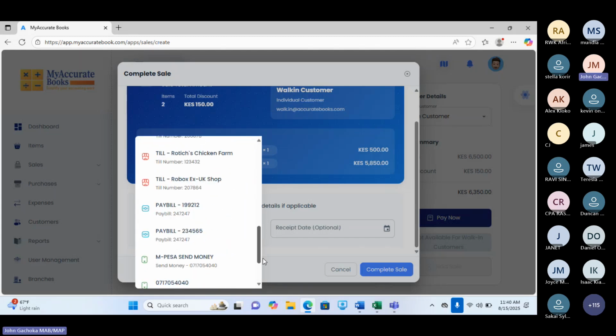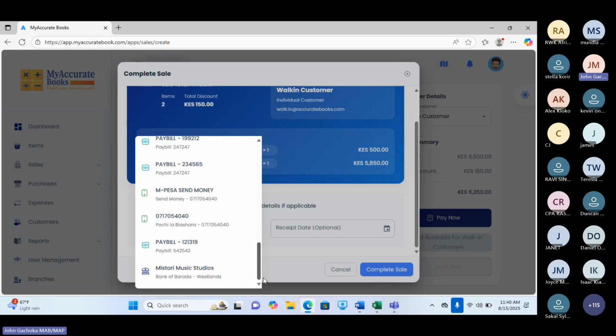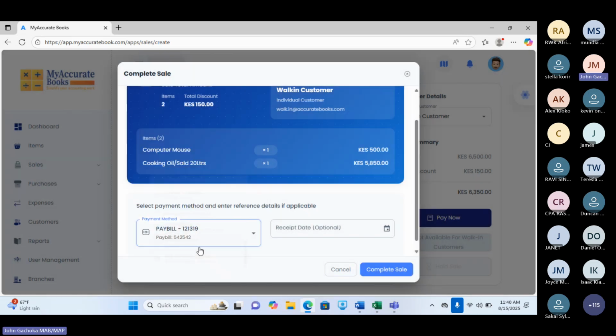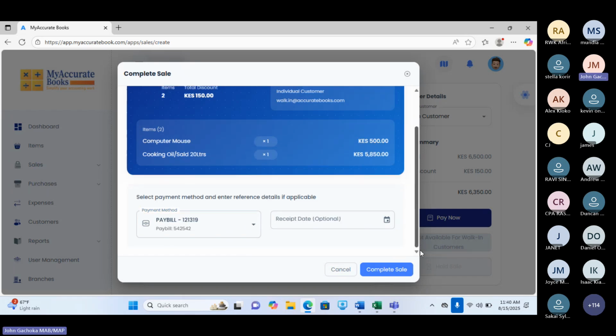So let's say this is being bought through PayBill. That is what we are going to use. And again, if you want to backdate a receipt, maybe you missed it out, you can backdate it in this system by indicating the date of that receipt. In the meantime, because this one is for today, we'll say complete that sale.